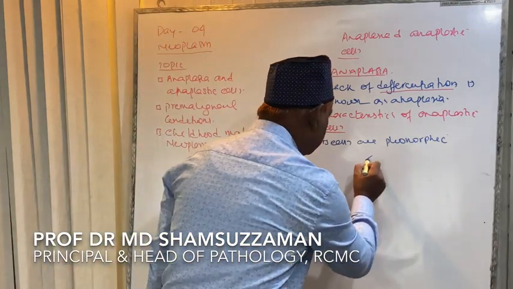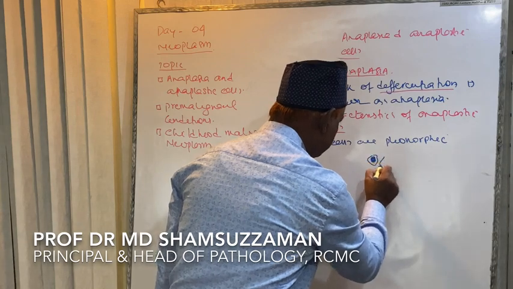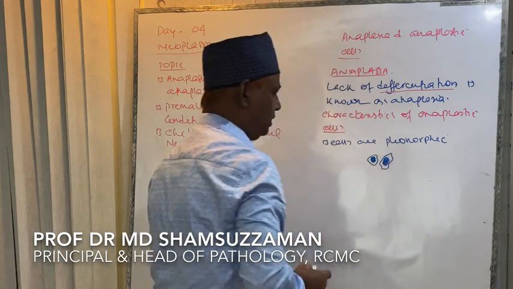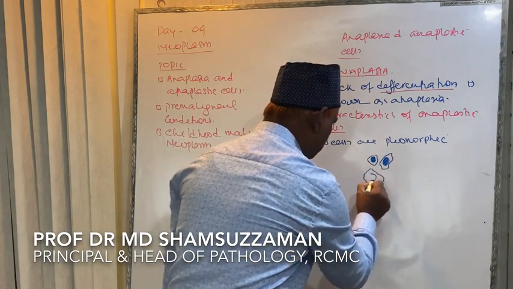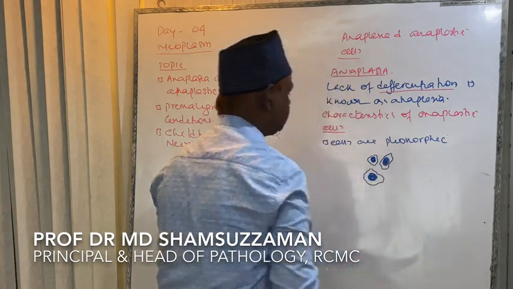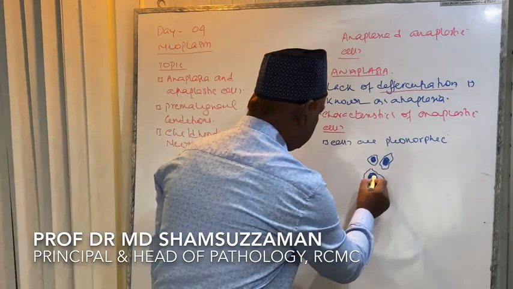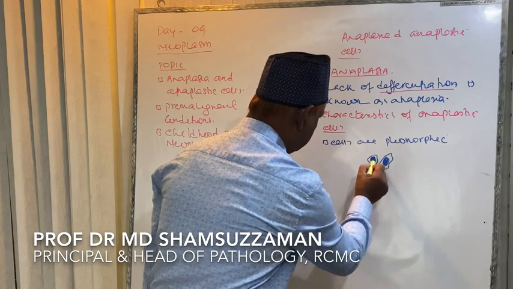So if these are the tumor cells or malignant cells, some will be small, some will be large, some will be of irregular shape with large hyperchromatic nucleus, prominent nucleoli, and alteration in nuclear cytoplasmic ratio.